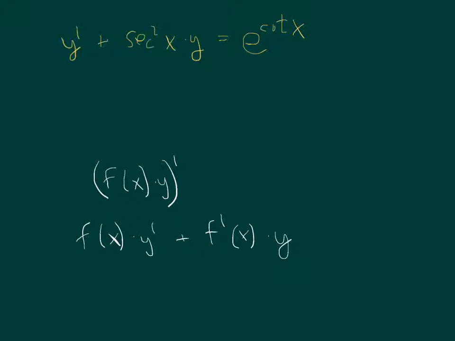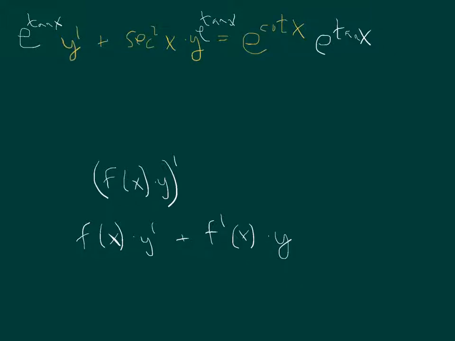But I want to multiply both of these terms by the same thing so that I can get this extra piece here, which is the derivative of that. So what I could multiply both sides by is e to the tan of x. And if I multiply e to the tan of x by every term here, something nice happens.